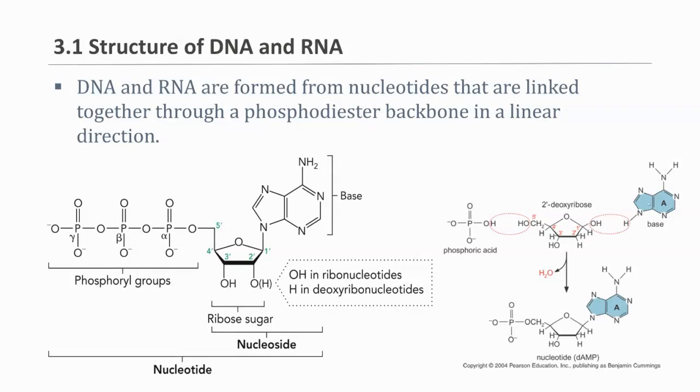For example, the nitrogenous base and the sugar have a dehydration and form the glycosidic bond. And here, the number 5 carbon and phosphoric acid, also dehydration, and then form this phosphomonoester bond. That's how they form this nucleotide.